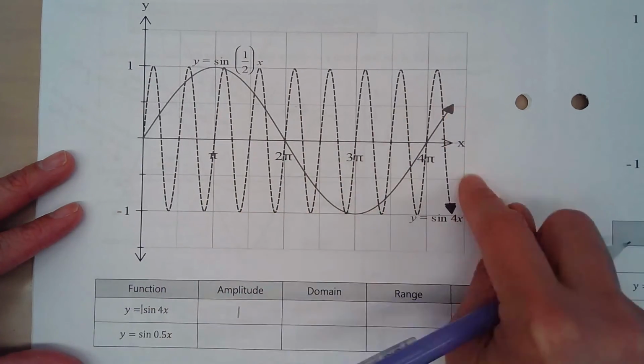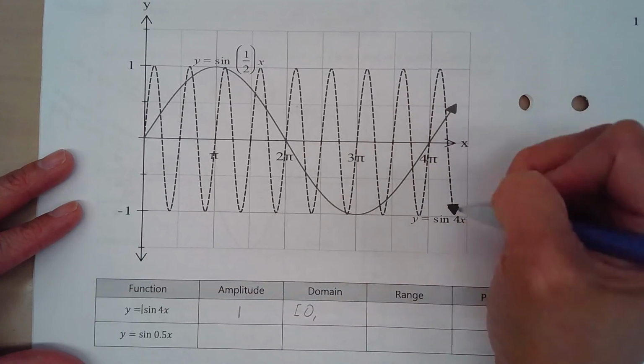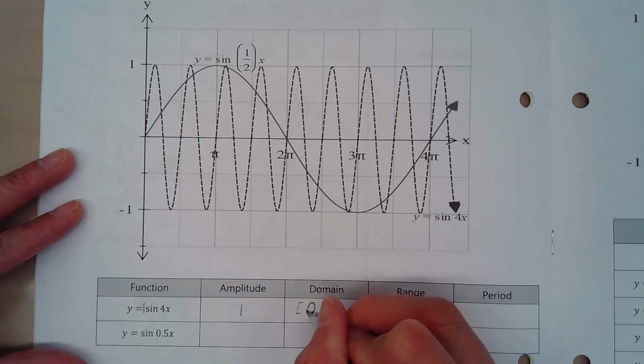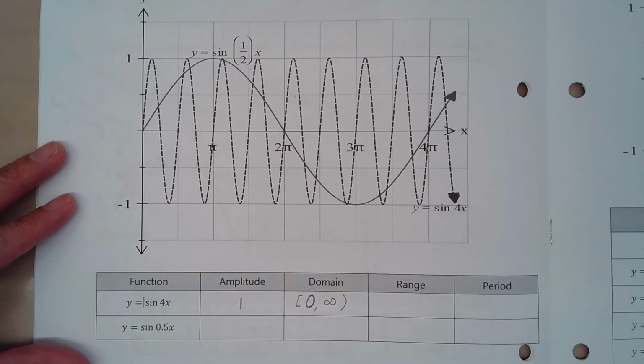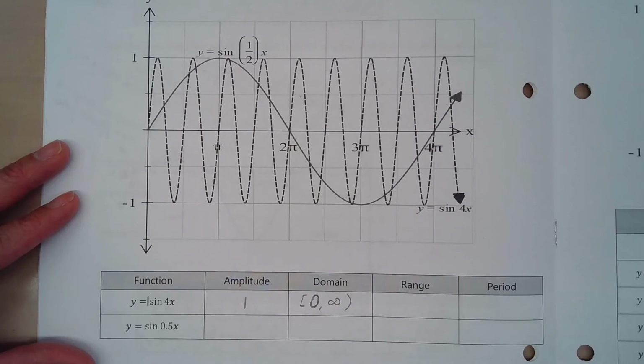Well, we could go from 0 to, oh, this is going to keep going. Is it okay if we go infinity? Yeah, because there's an arrow. Technically, we should be infinity.